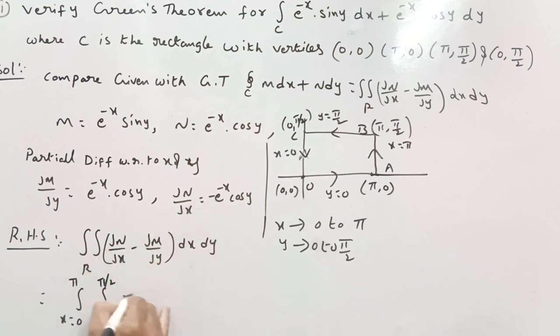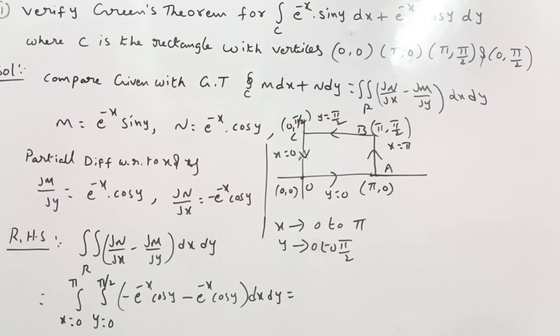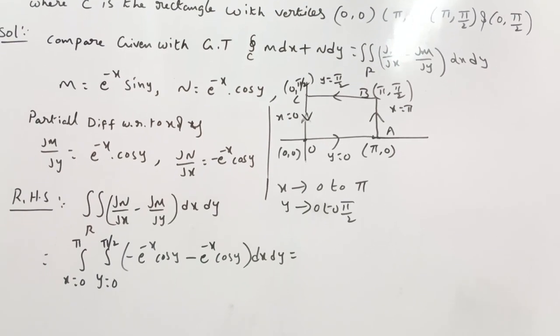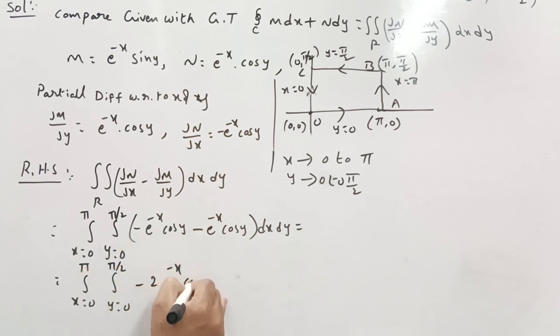Dou N by dou x is minus e power minus x cos y, minus dou M by dou y is e power minus x cos y, into dx dy. So this is equal to, x from 0 to pi, y from 0 to pi by 2, minus 2 e power minus x cos y dx dy, correct?